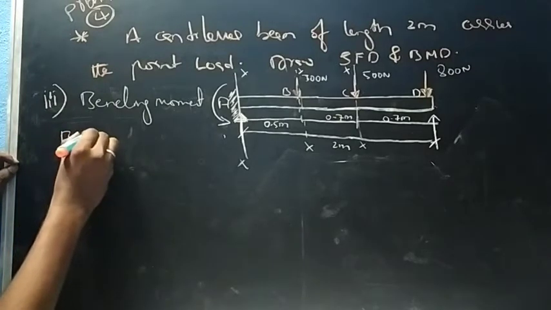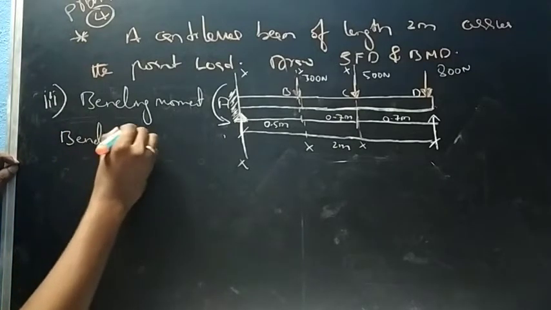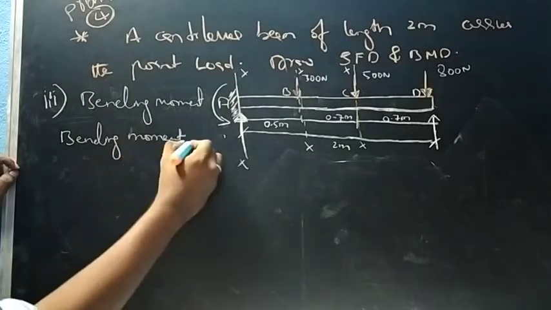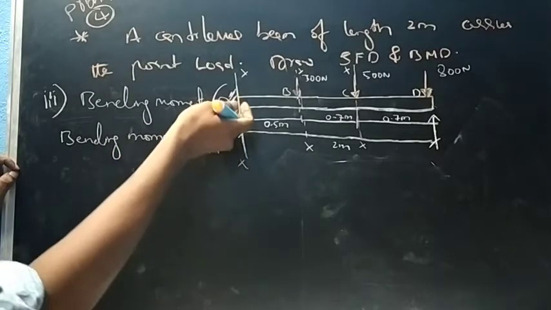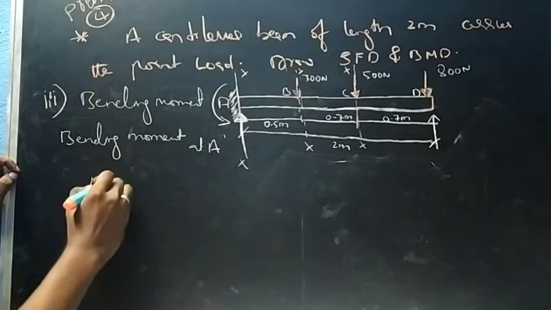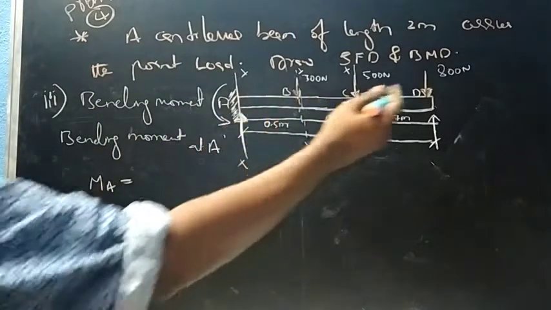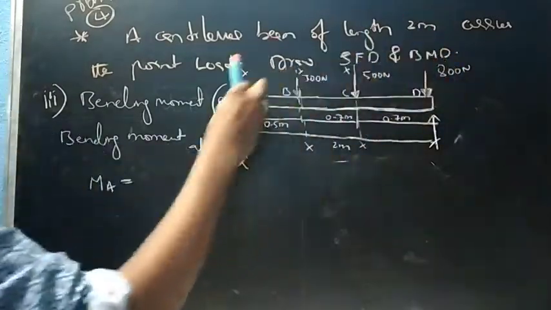So bending moment at A. So I'm taking bending moment at A, that is MA equals to, so coming all the way from right to left.